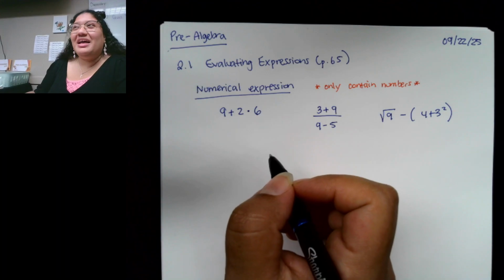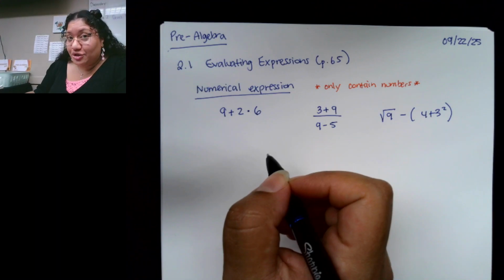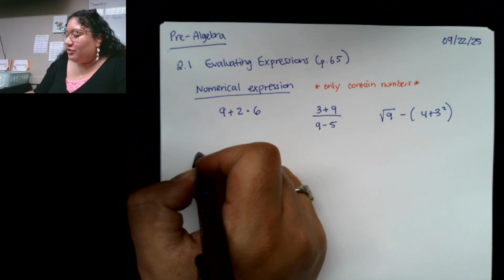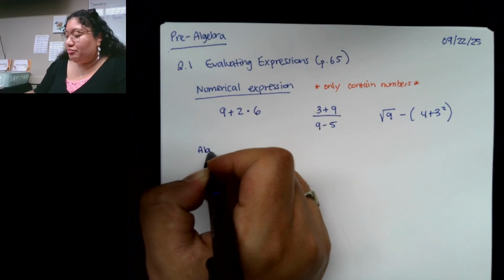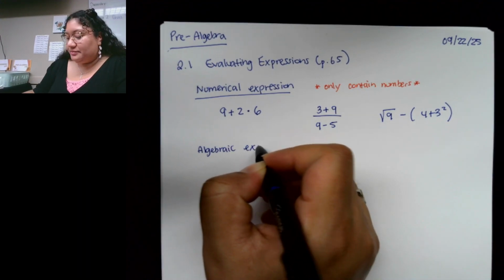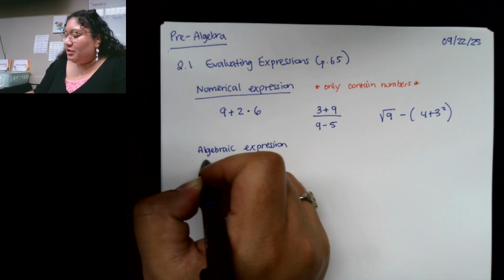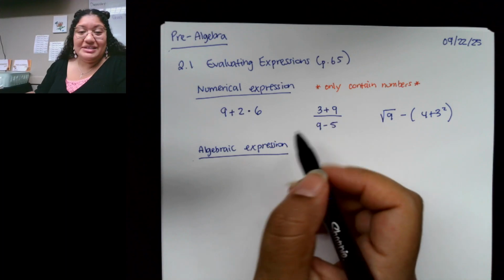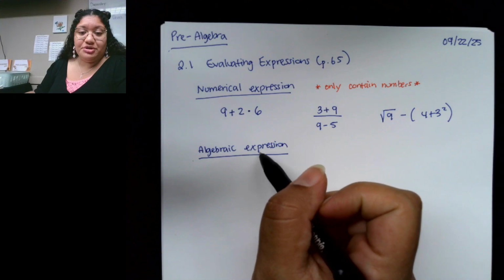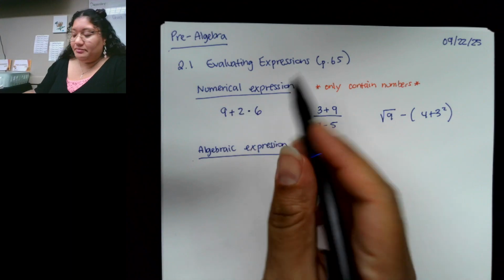But in what class are we in? We are in pre-algebra, correct? So we're going to be working with what are called algebraic expressions. How is an algebraic expression different from a numerical expression?